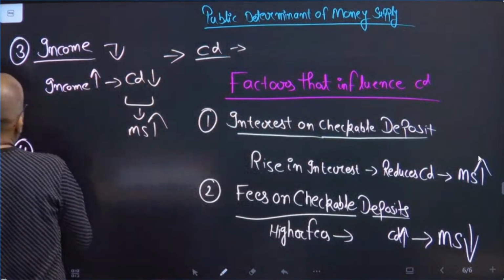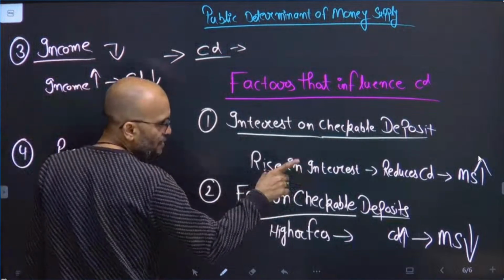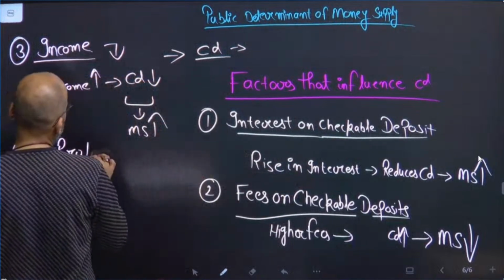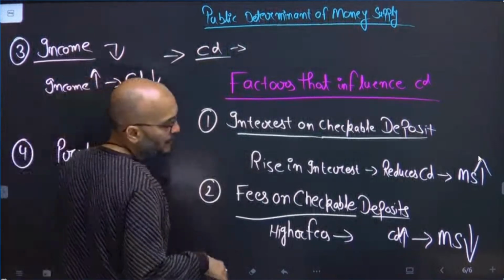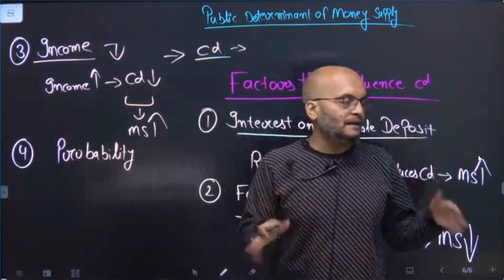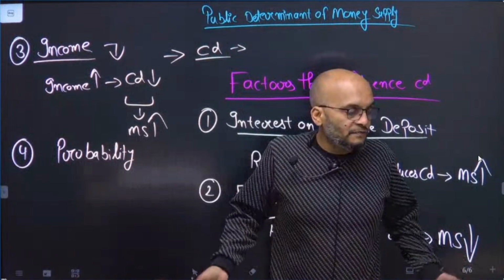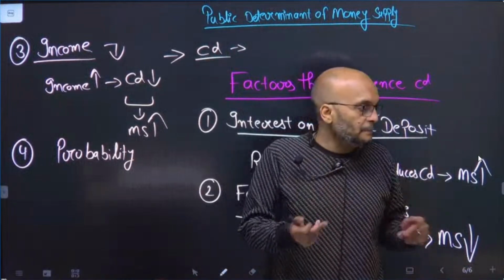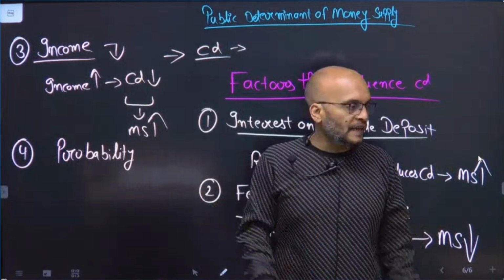Next is probability of bank run. The point that Sakshi was mentioning, that if there is a rumor, what is a bank run? There is a rumor that suppose ICICI Bank has gone bankrupt. So what will happen? All the depositors will turn to the bank at the same time and start asking for their money.